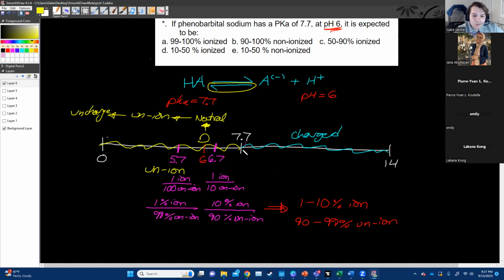So at 1 pH jump, it would be 1/10. At a second pH jump, it would be 1/100. And if we went to 4.7, it would be 1/1000.